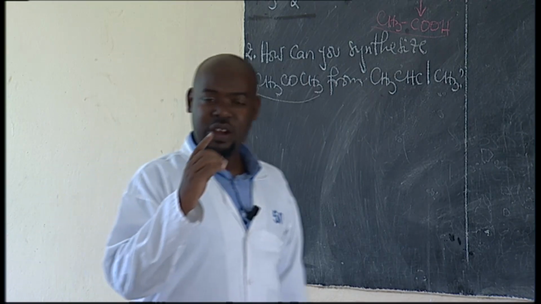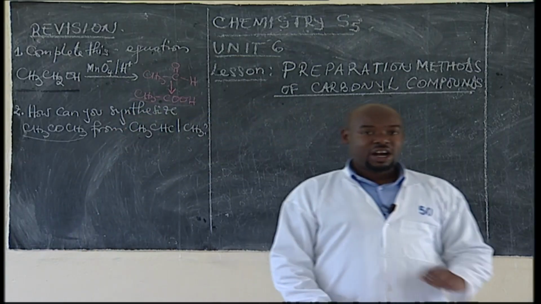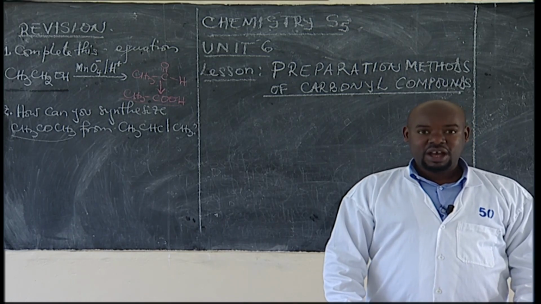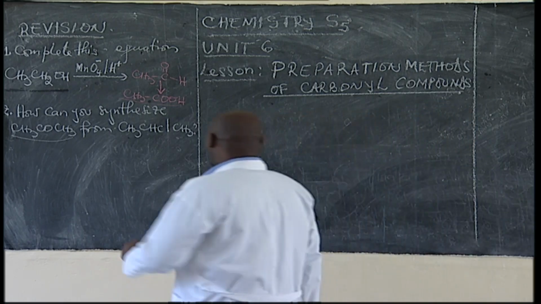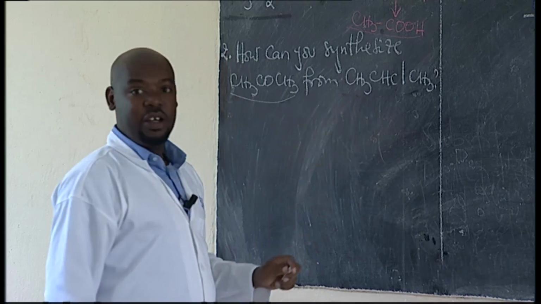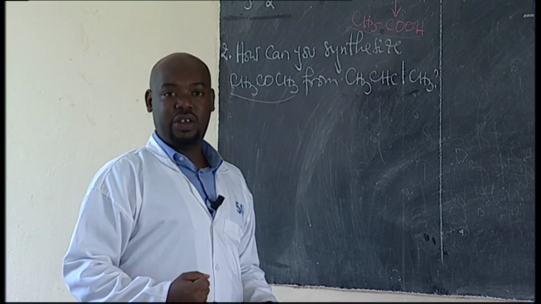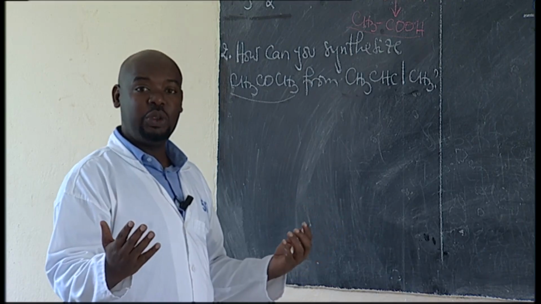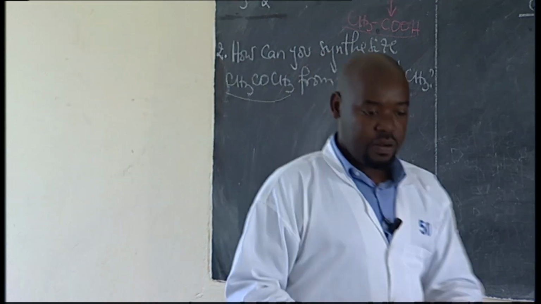Do you remember the chemical properties of alkyl halides, halogenoalkanes? Yes, you do. So from this alkyl halide, we can use aqueous sodium hydroxide to transform it into a secondary alcohol. How is it done?